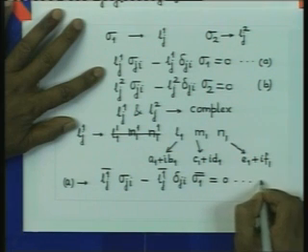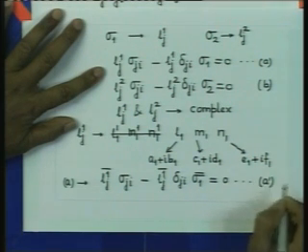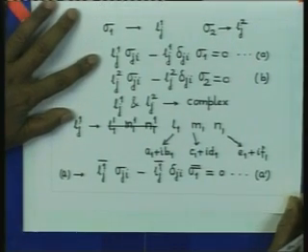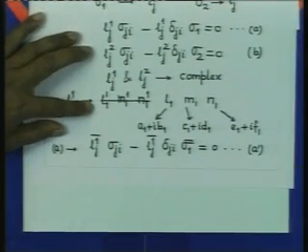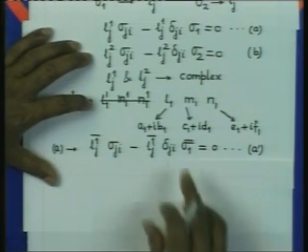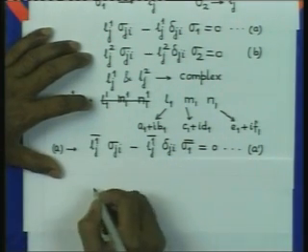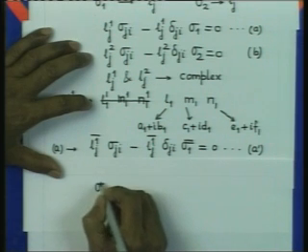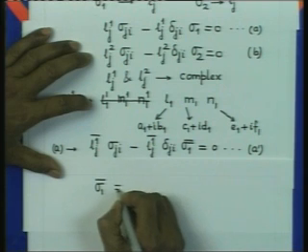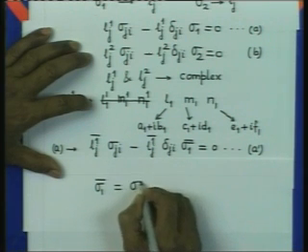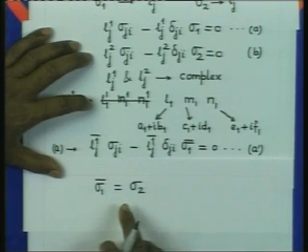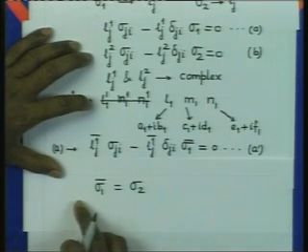So, that is the complex conjugate form of equation number 1. Now, this sigma 1 bar is nothing but sigma 2, because sigma 2 is the complex conjugate of sigma 1.